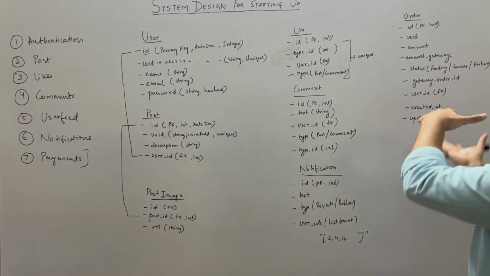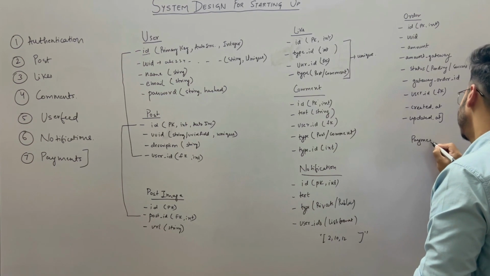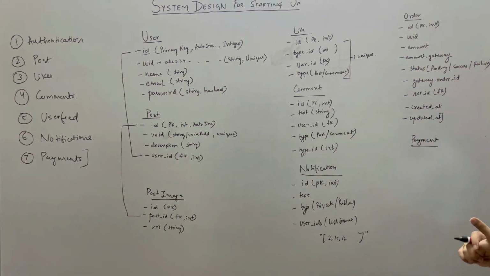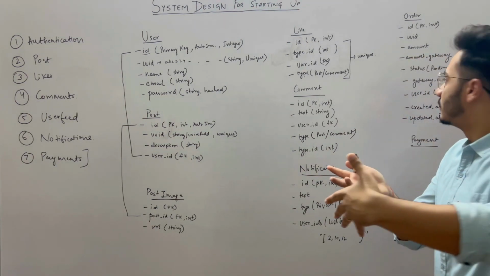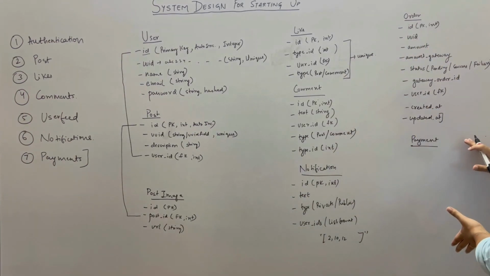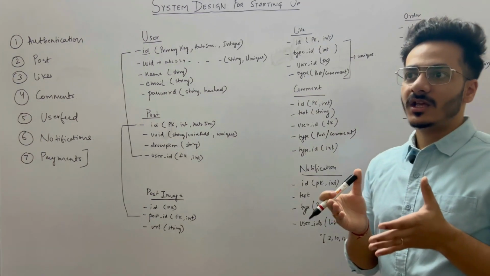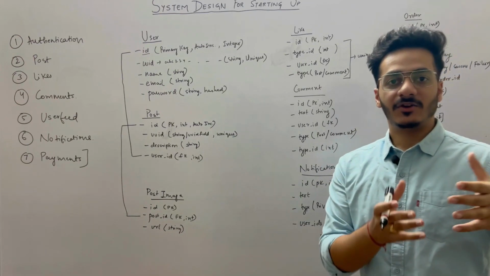Also, you might need one more table that is called payment. Suppose you create the order, but now it's possible that the user can make multiple attempts to pay for this order, right? So that also you can include here, but let's not focus on that, because that totally depends on the type of payment gateway that you are using and your use case.